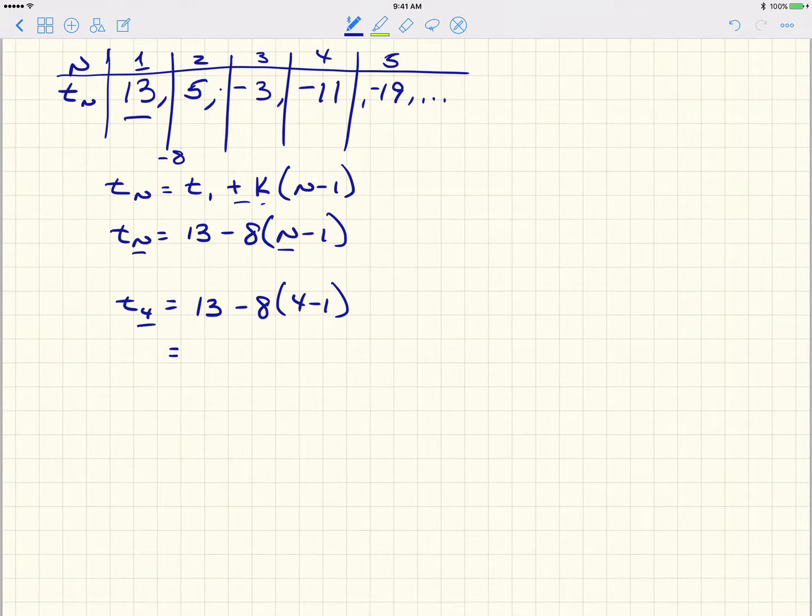Do a little math. 13 minus 8 times 4 minus 1, which is 3, gives me 13 minus 24, which is negative 11. So according to our equation, t sub 4 equals negative 11. And hey, look at that, in our table the fourth term in our sequence is negative 11.